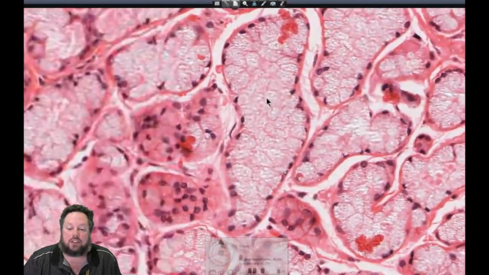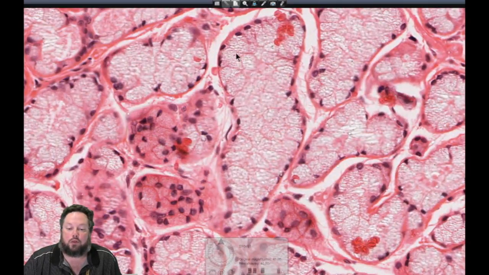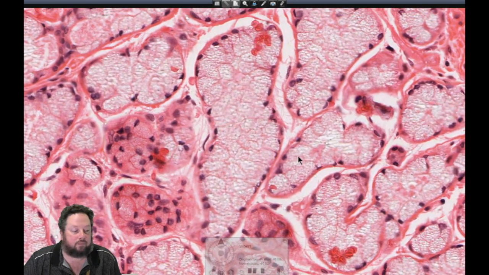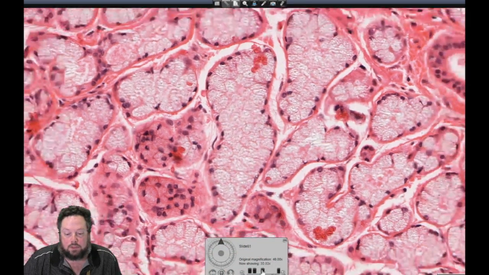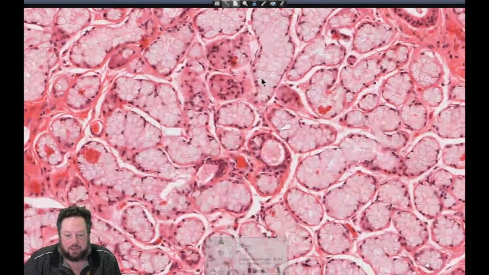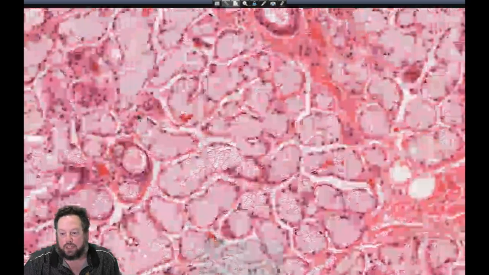Again, we've got that classic stained glass type of appearance, very pale staining cytoplasm, because there's lots of mucin granules here, with basally located, dense, flattened nuclei at the base of the cells there. If we zoom out, we might be able to see some evidence of some serous demilunes.